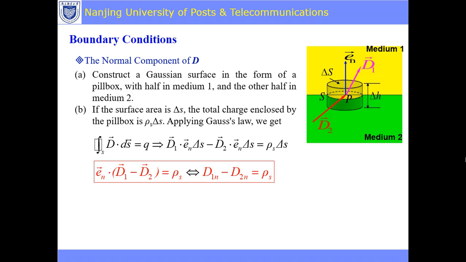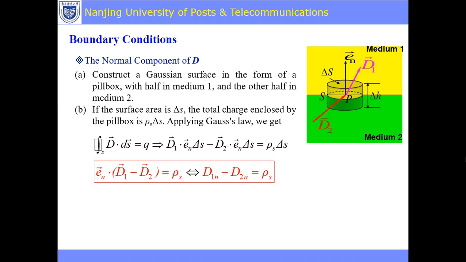What will happen to the fields if this is not equal to 0, if this is equal to some surface charge? I'm just exploring ideas. Let me make it simpler: what will happen to the electric field?